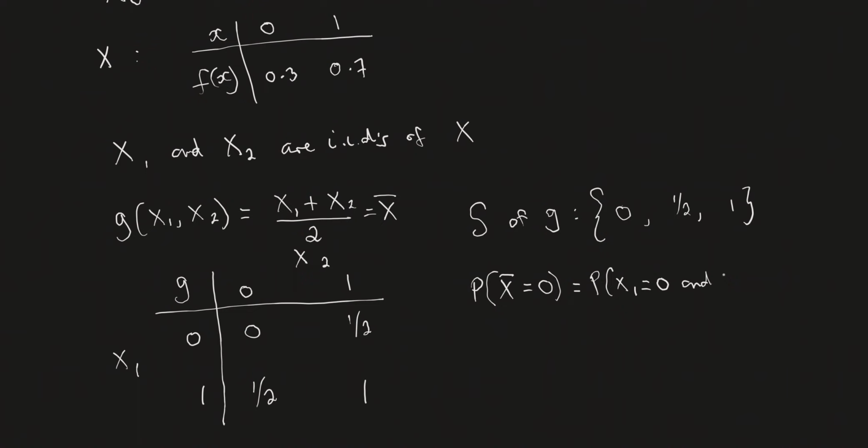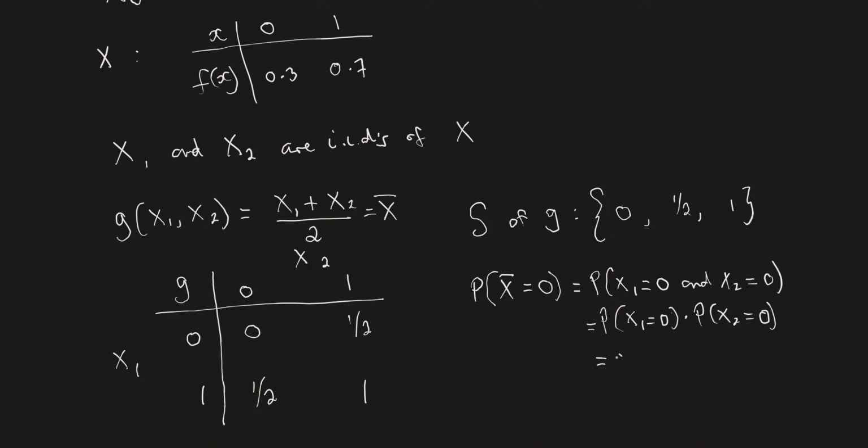This is essentially a probability involving an intersection, and because we're assuming independence, this is where it gets really helpful. So this is the probability that x1 is equal to 0 times the probability that x2 is equal to 0. I know both of those are equal, and they're both 0.3.